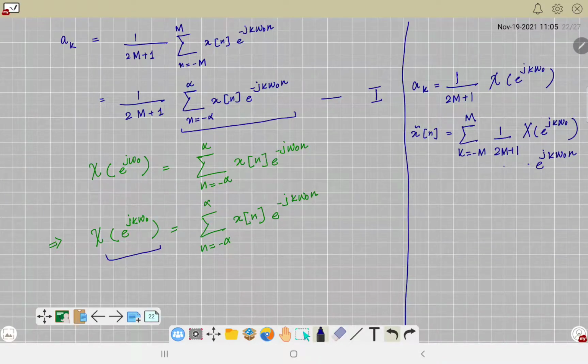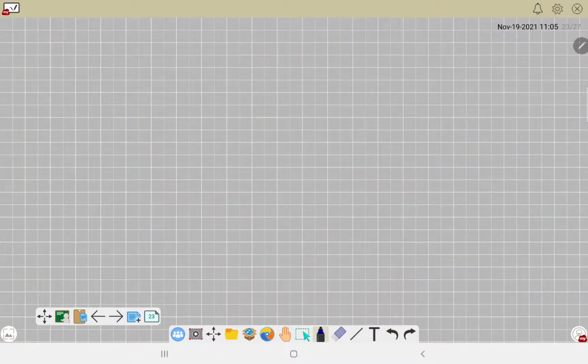Then you may rearrange the terms slightly, so I can say x tilde n equals 1 by 2M plus 1 outside. Then the summation will exist for the terms that involve k, that is X of e raised power j k omega naught and the exponential e raised power j k omega naught n. Right?